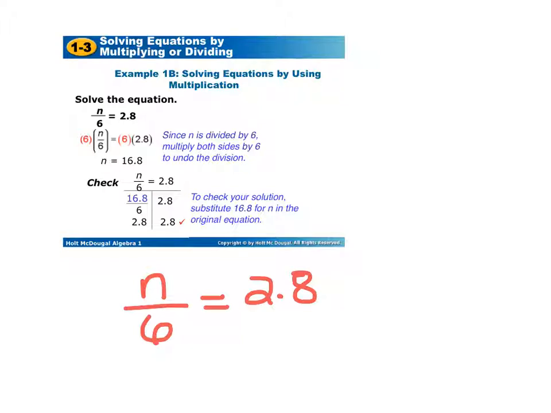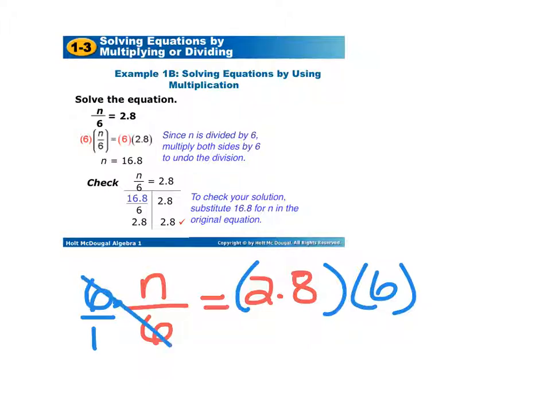Bridget? 6. Beautiful. We are going to multiply both sides by 6. It will cause the side with the variable to become 1s. So I'm really left with 1n. I don't need to write the n or the 1.